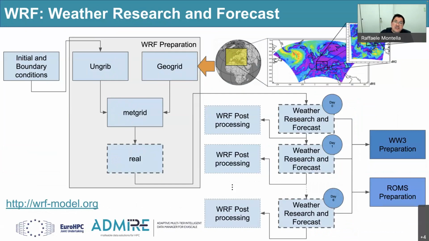Some details. This is the workflow of the Weather Research and Forecasting model. I will not focus too much on this in this presentation because this is a community model. It's not a product of my institution. We use this model in this project, but we will not modify it.